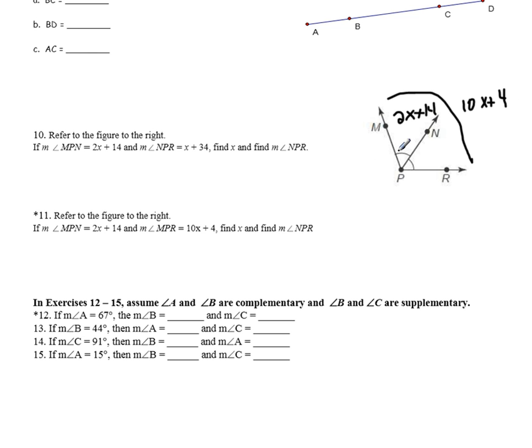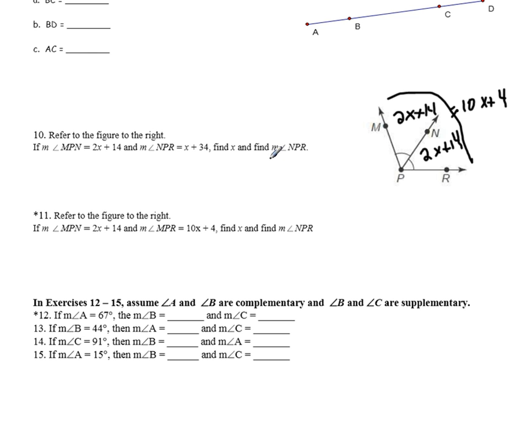Well, we know that these two are equal. That's what these symbols tell us. So we can add these together to equal this. And I'm just going to add it up here.